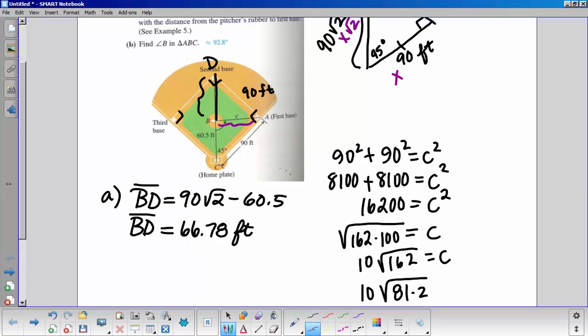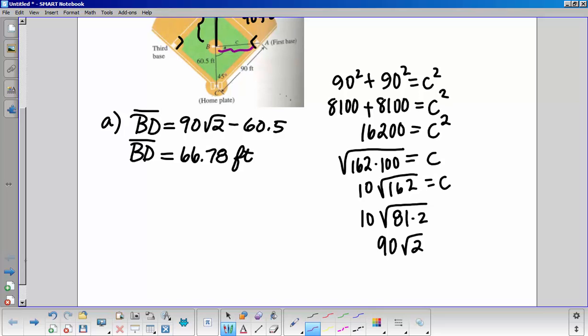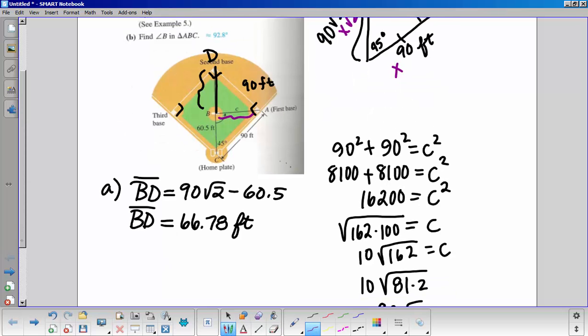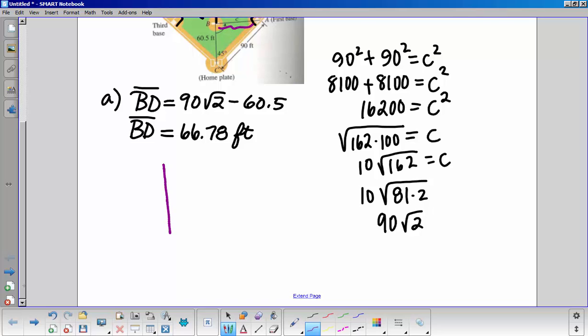All right, now they've asked us to compare it to the distance to first base. Well, do I know that distance? No. But if I were to pull that triangle out, I should make it a little bit more realistic. Right, that's the home plate. And then this is 45 degrees. And this is a little bit more than 90, I think.